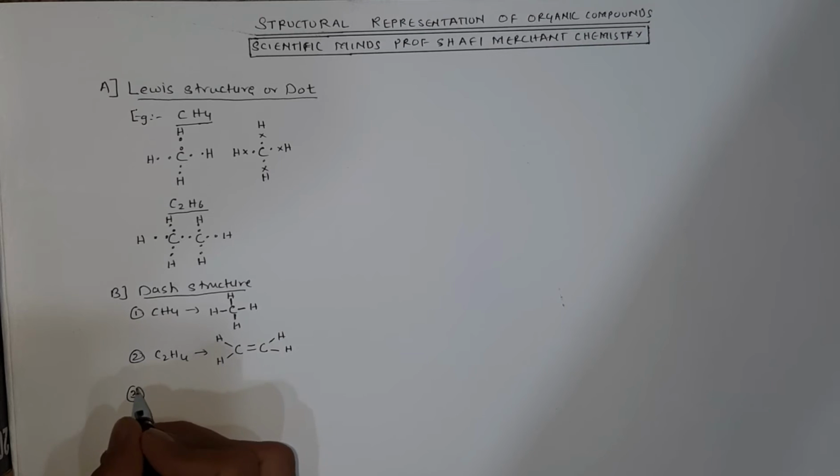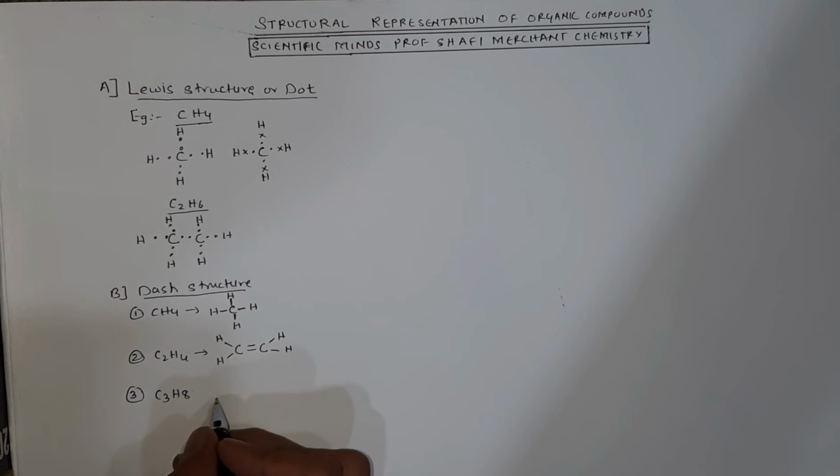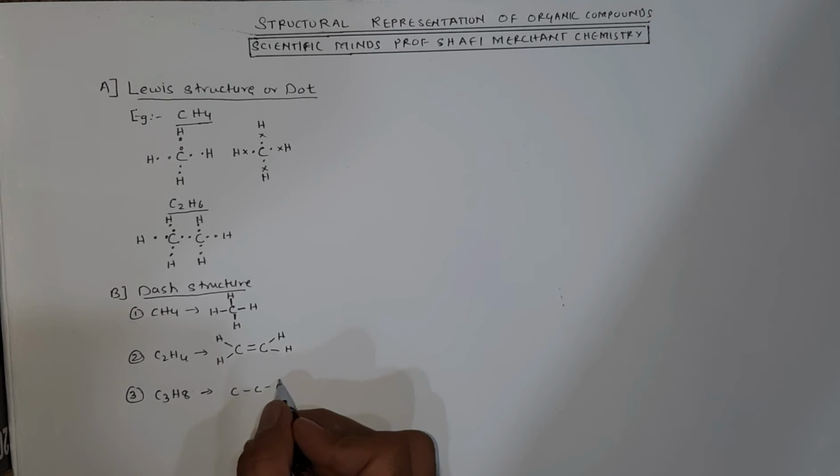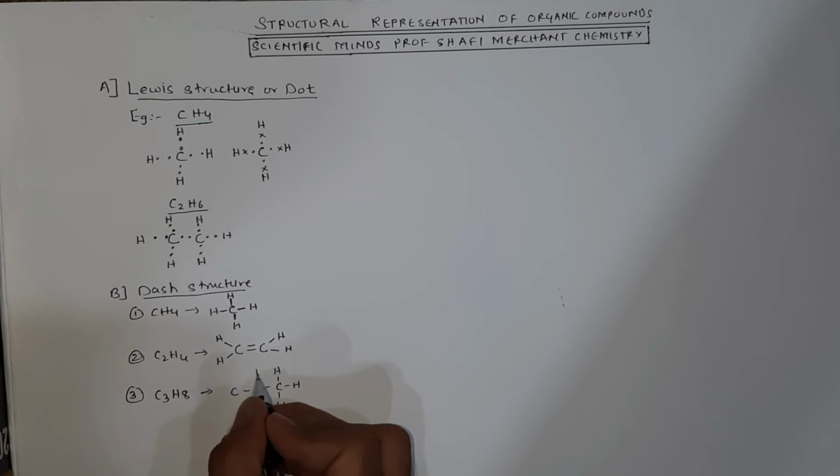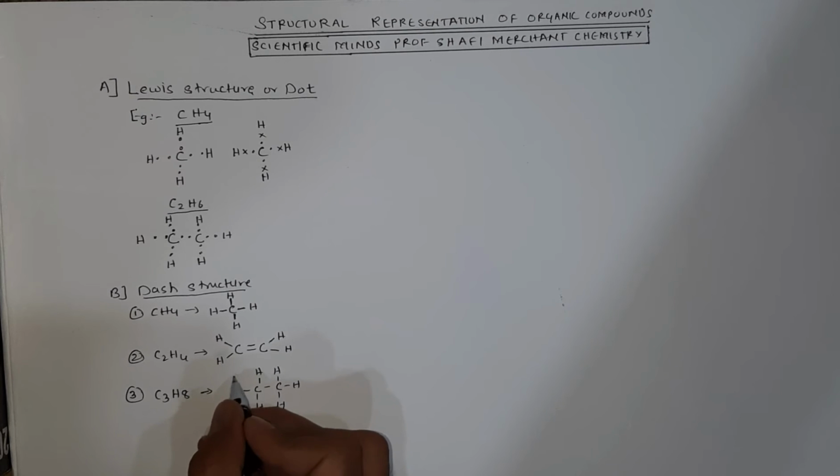Suppose we write down C3H8, propane, an alkane. So it will be C, single bond C, single bond C, catenation, H, CH2.